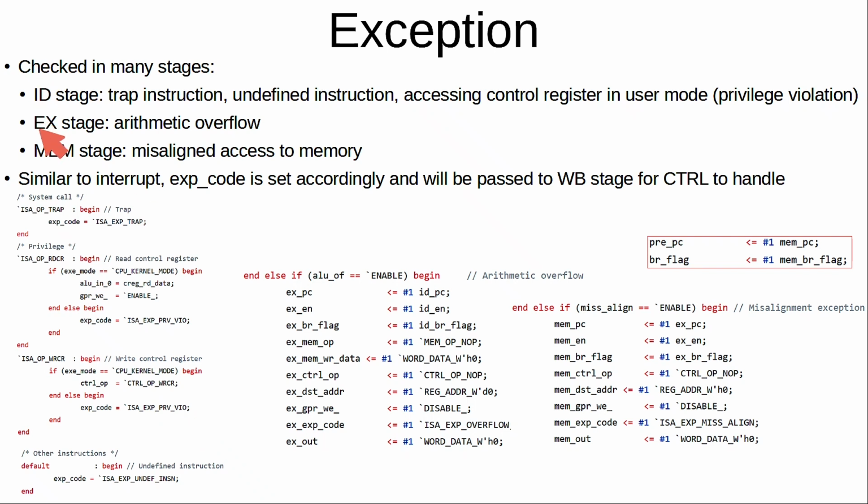And in the execution stage, we can check for the ALU overflow exception, while in the memory stage, we can check for the misaligned access to the memory. Similar to the interrupt, the exception code is set accordingly and will be passed up to the write back stage for the controller to handle.